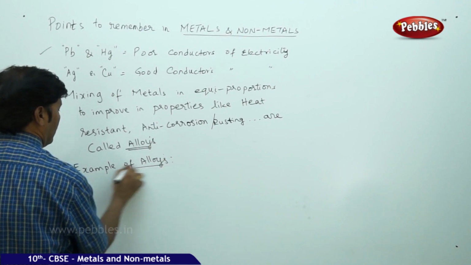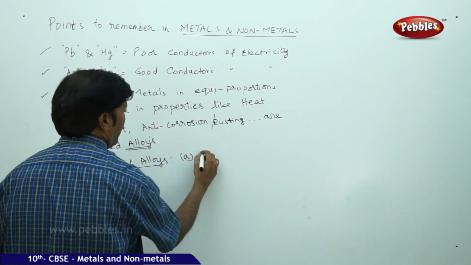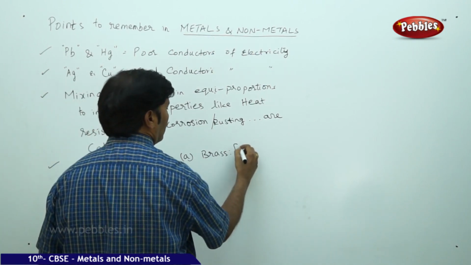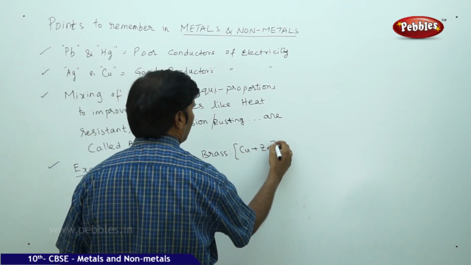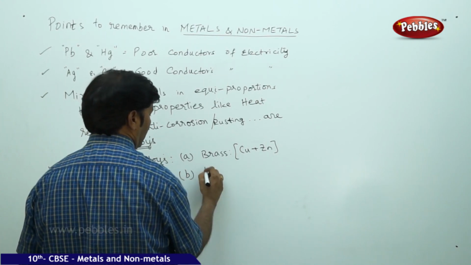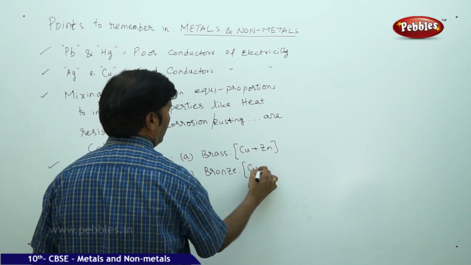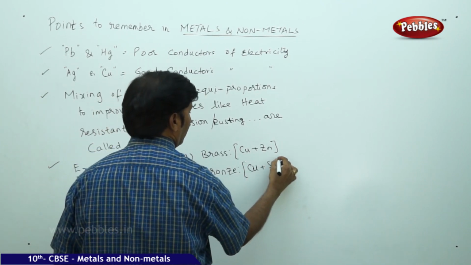If we take A, brass, the composition of brass is copper plus zinc, and B, bronze, copper plus tin.